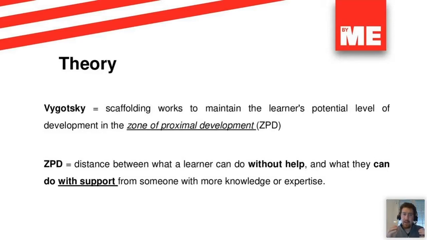So it's important that we as teachers, as educationalists, try to find the balance between what they can do and what they can do with support, and try to meet them in the middle so that it's challenging enough for them to engage with the learning, but not so challenging that it frustrates them and gets them to disengage.